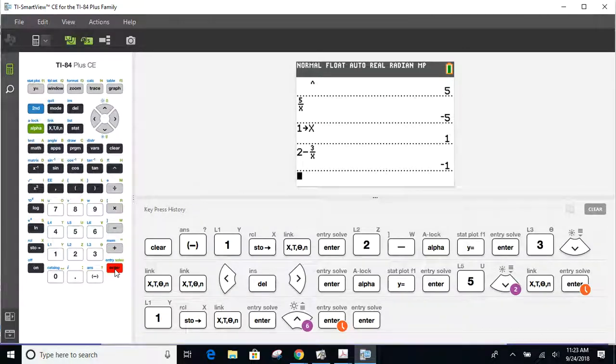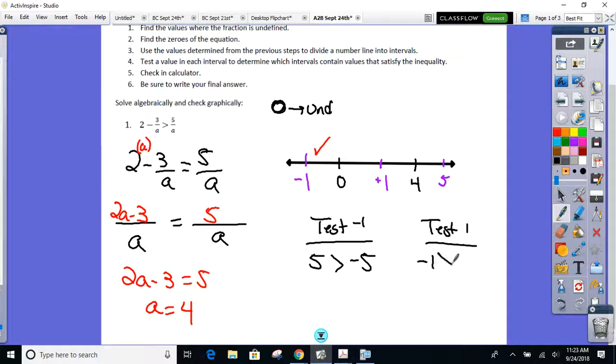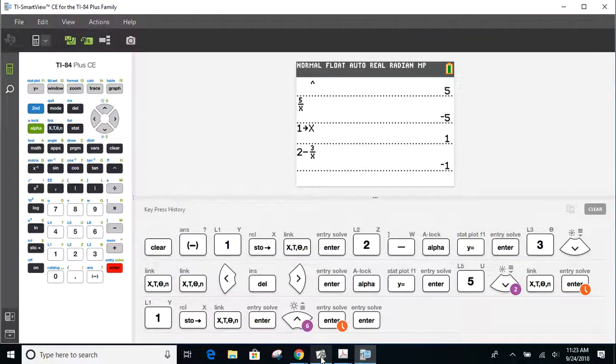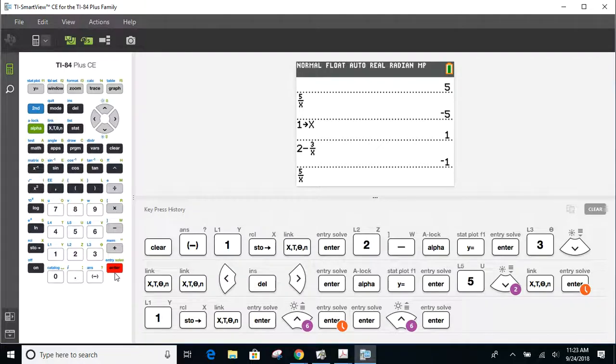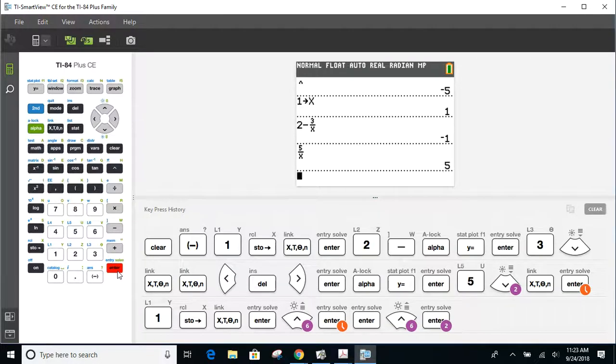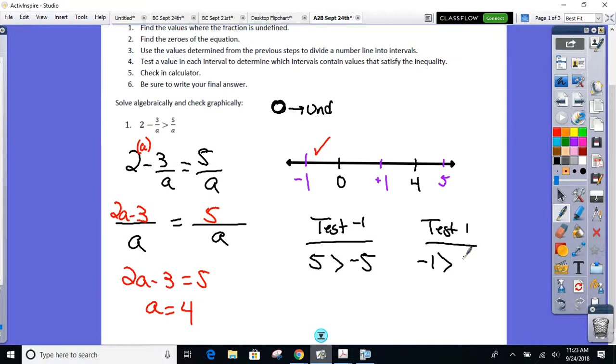So I got -1 on the left. Is -1 greater than? Okay, I'm going to start letting you guys take control now. Go ahead and find the right side. Is -1 greater than 5? Is this a true statement up here?